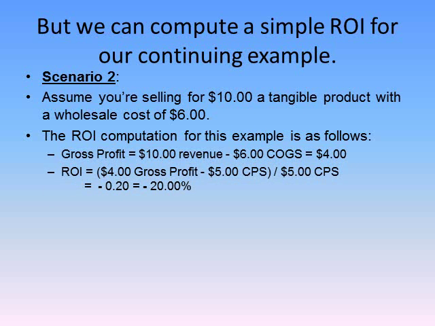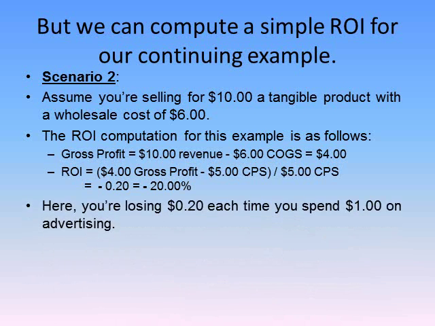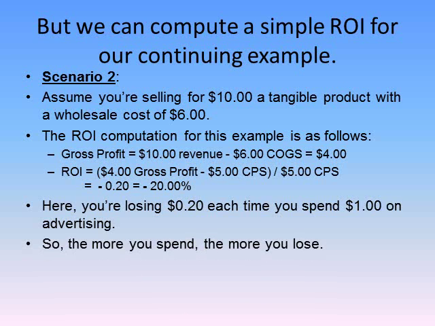And return on investment is equal to that $4 gross profit less the $5 cost per sale divided by the $5 cost per sale. So now we have a negative 20% return on investment. Not too good. Here we're losing 20 cents each time we spend $1 on advertising. Not good. So in this case, the more we spend, the more we lose.